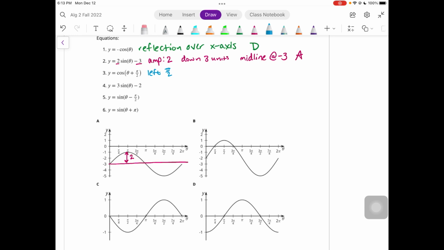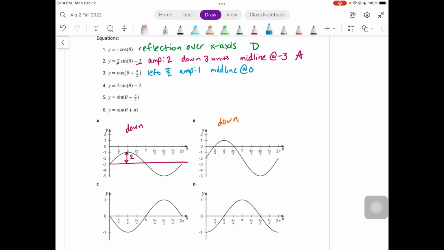So we already know that A has gone down. This one went down. We can see that B has also shifted down, right? So with this one, our amplitude is still 1. Our midline is at 0, right? So it's either going to be C or D.